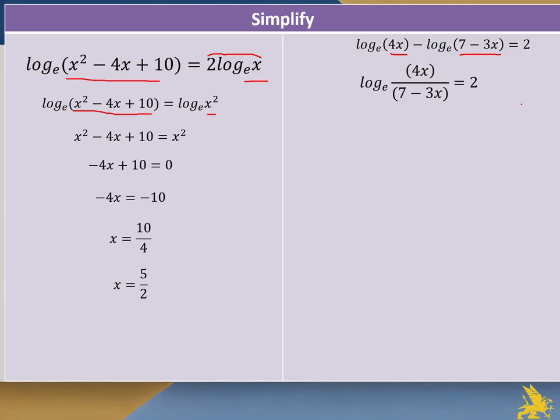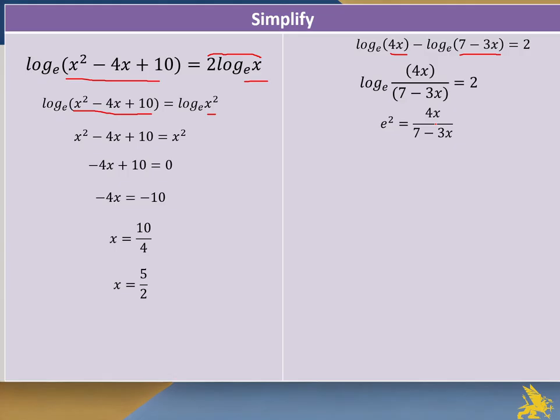The next part, I'm going to try and use my exponents, the relationship, which means I will have base e to the power of 2 is equal to 4x over 7 minus 3x.